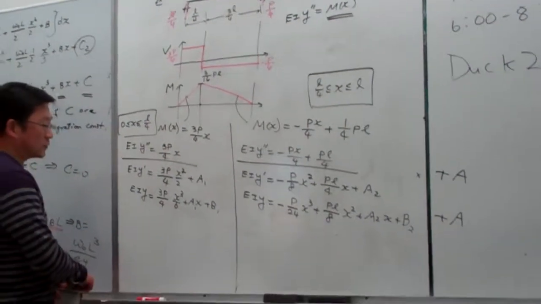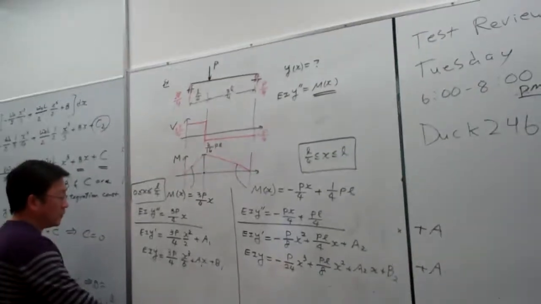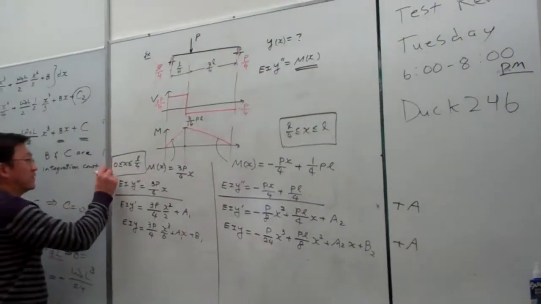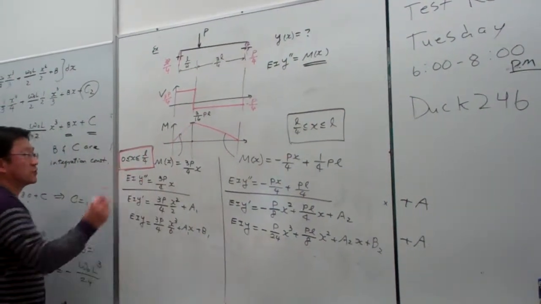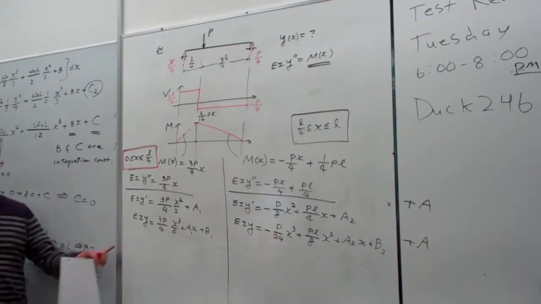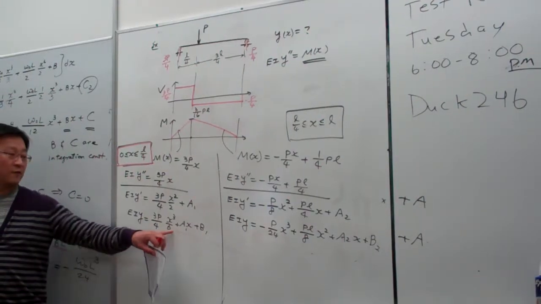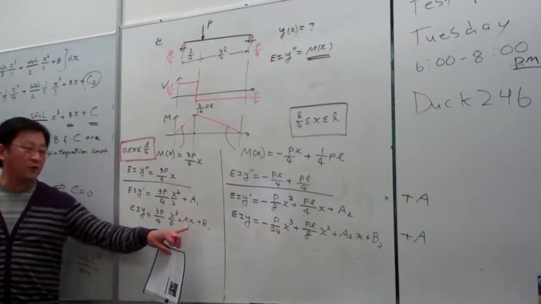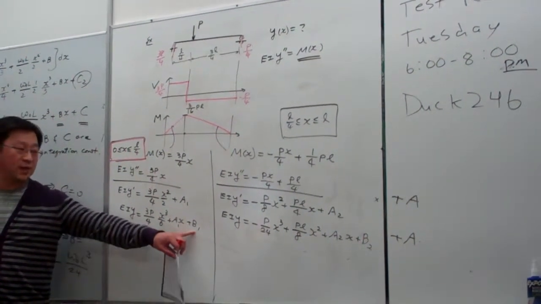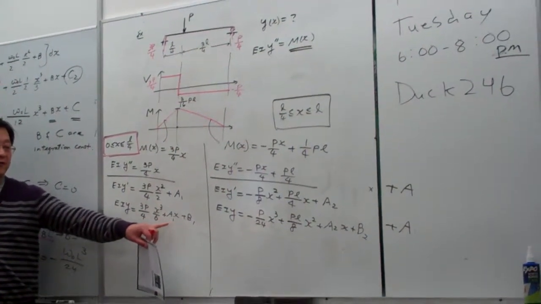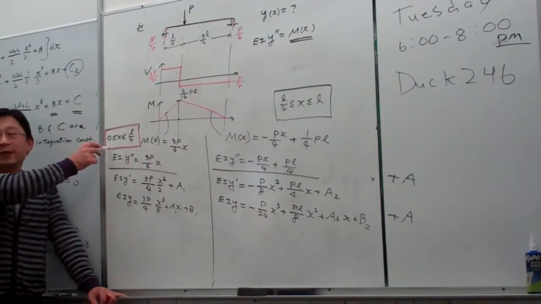That comes to the point here. For this problem, the equation is valid in this range. So by all means, the boundary conditions we're looking for here, listen, this is a key: to solve for A1, B1, we have to look for the boundary conditions that fall into this range.